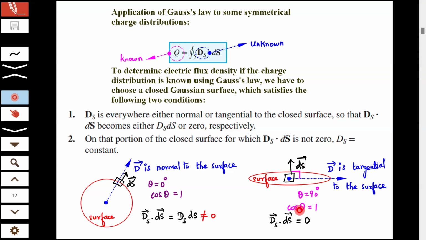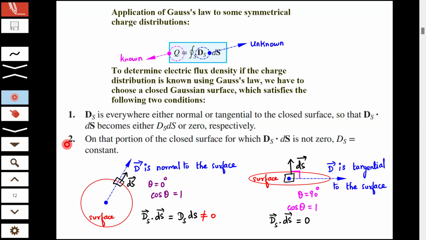This gives the dot product as 0. There are two cases. If d is normal to the surface, d dot ds is a non-zero value. And if d is tangential to the surface, d dot ds is a 0 value. This talks about the condition number 1 to be satisfied for the closed Gaussian surface chosen.